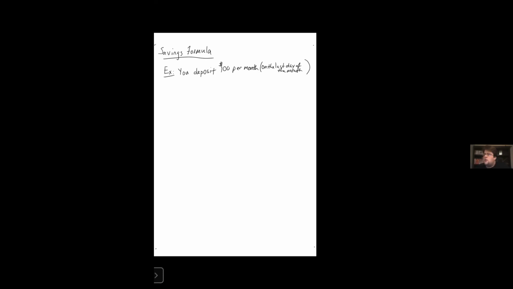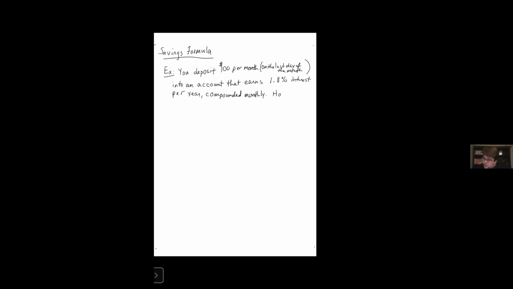So you deposit $100 per month on the last day of the month into an account that earns 1.8% interest per year, and this is going to be compounded monthly.